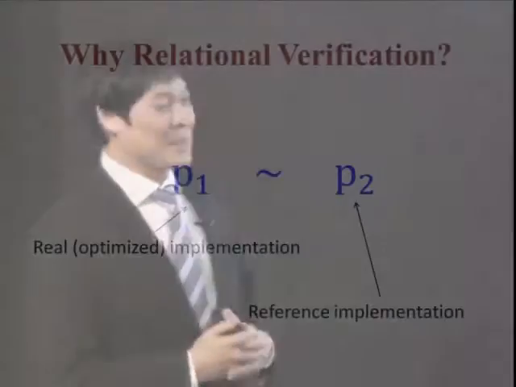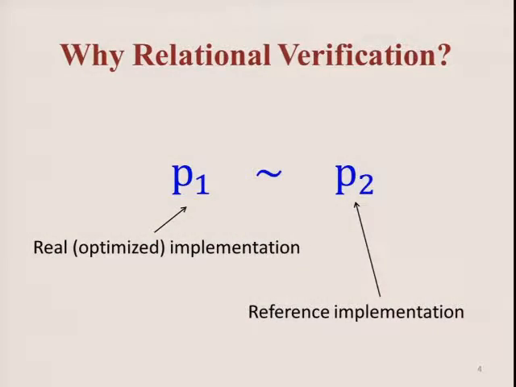Okay, so let me start. As we have seen before, relational verification is useful when you want to show the correctness of a very efficient, optimized implementation, just by showing that it is equivalent to some reference implementation.